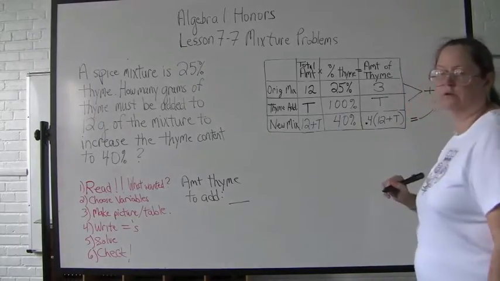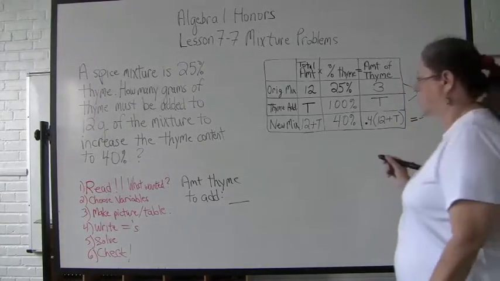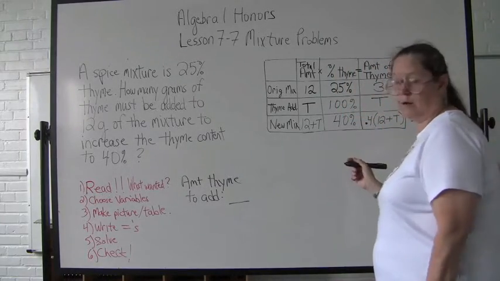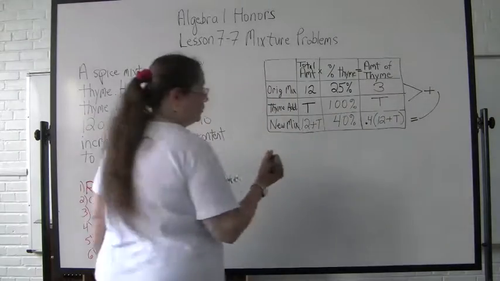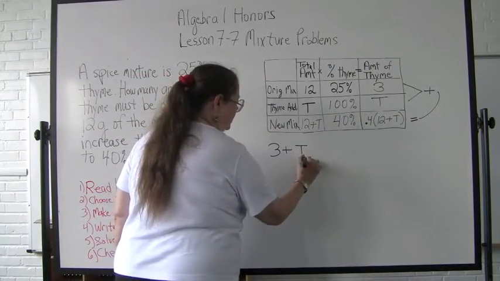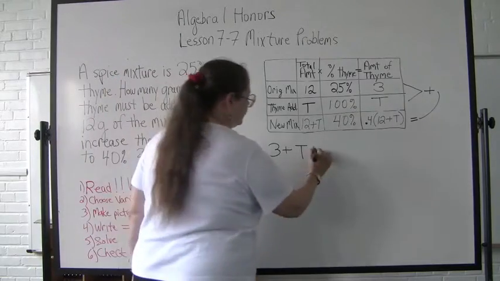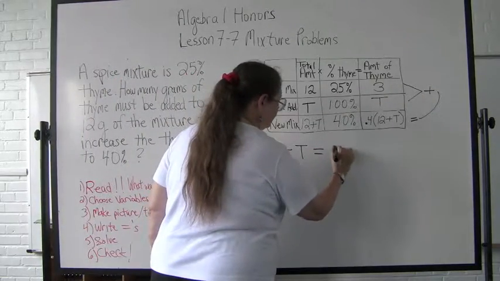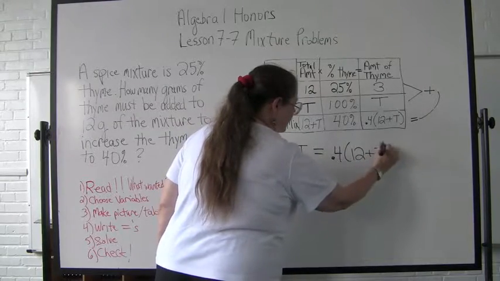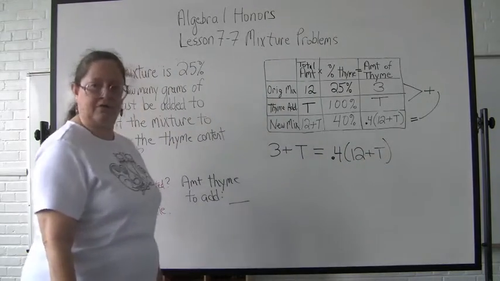So this plus this equals that. We've got our variables, we've made our table, and now we're going to write our equation. It's going to be 3 plus t equals 0.4 times 12 plus t.